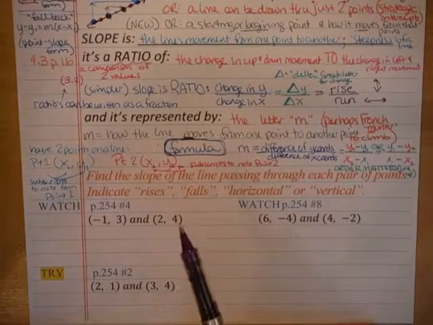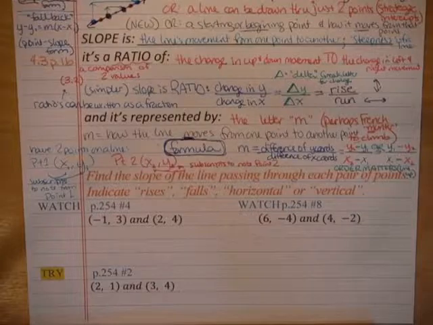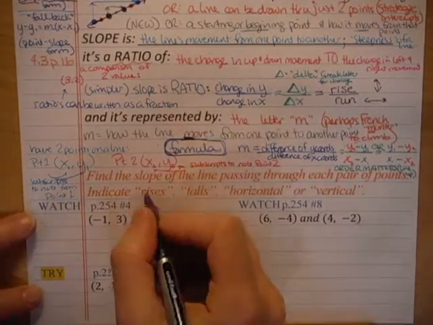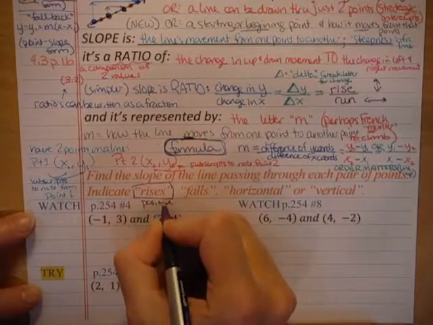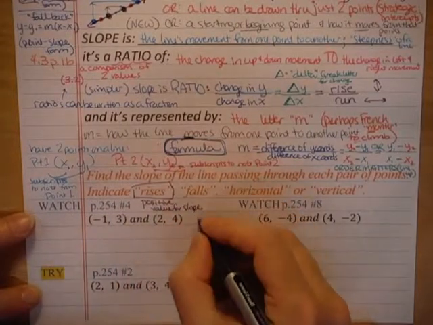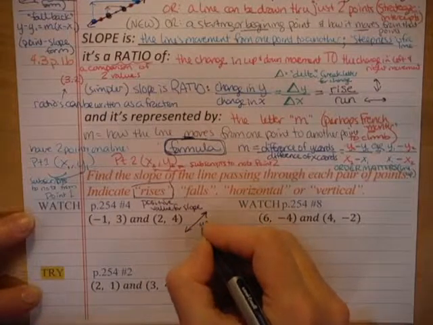So I want to give you some information here of how you're going to deal with this. Rises means that it's going to be a positive value for slope. In terms of the line itself, it would be going up as you go from left to right.